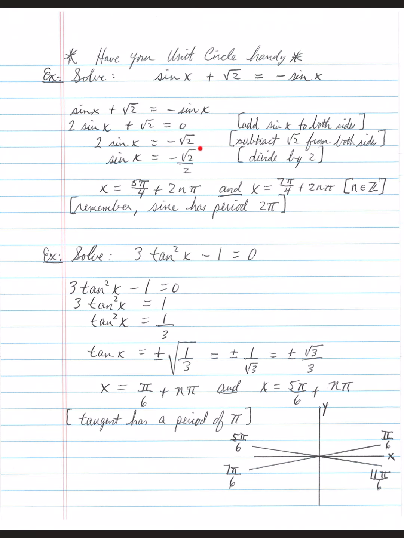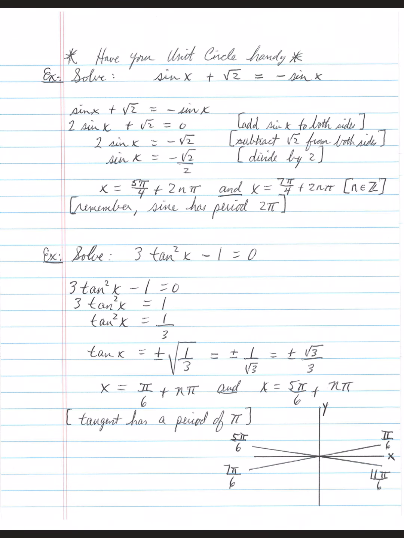You'll see that your y-coordinate is negative square root of 2 over 2. And also over in quadrant 4, 315 degrees, or 7 pi over 4, that's the other angle. Both of those angles have a sine value of negative square root of 2 over 2.